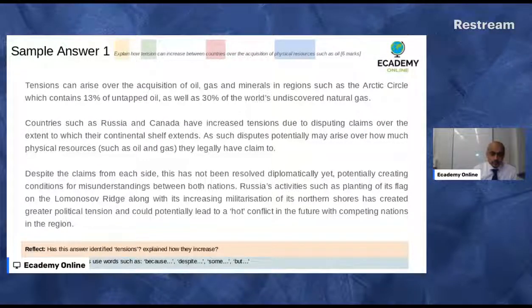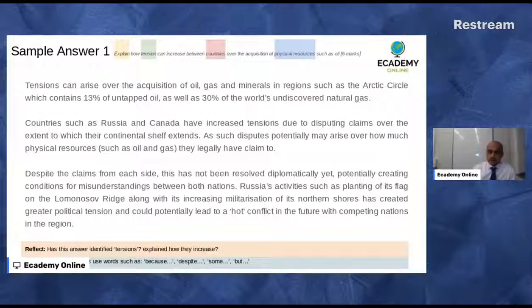The final paragraph here, despite the claims from each side, is a way of demonstrating that there is a conflict between two sides, right? This has not been resolved diplomatically yet. So again, showing how tensions can increase, potentially creating conditions for misunderstandings between both nations.